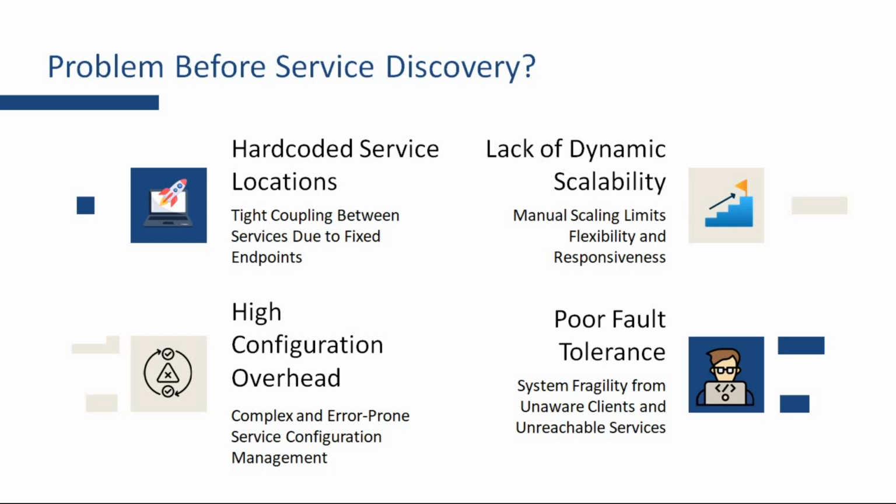For example, the app might hang or even crash because it's still calling a service that's no longer running. These 4 problems show why static service communication just doesn't work at scale. And that's exactly where service discovery comes in, bringing automation, resilience, and flexibility to your architecture.